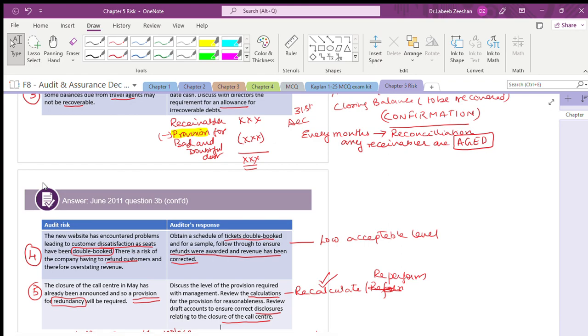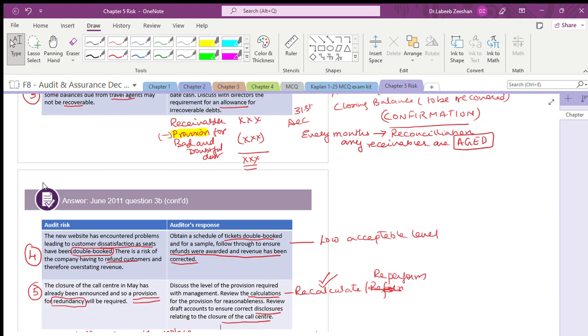You have to obtain a schedule, meaning a list of those to whom they have repaid, and make sure the reason is that it has been double booked. That is the reason we are paying it back. Otherwise, you would refund the amount to anyone, whether they had booked or not.